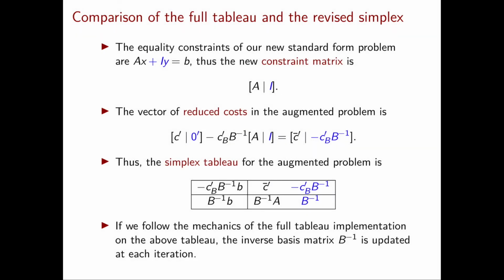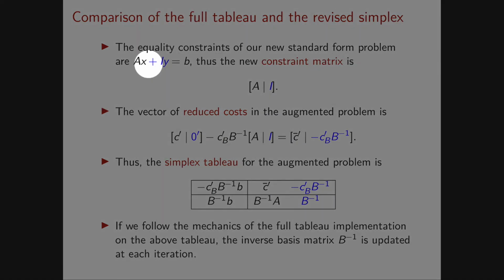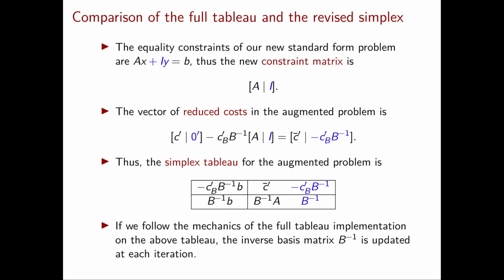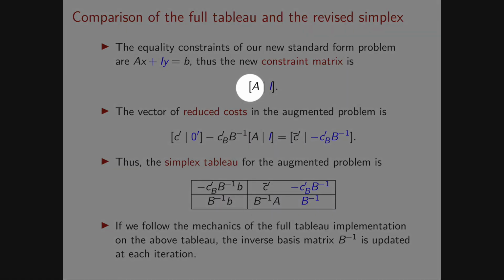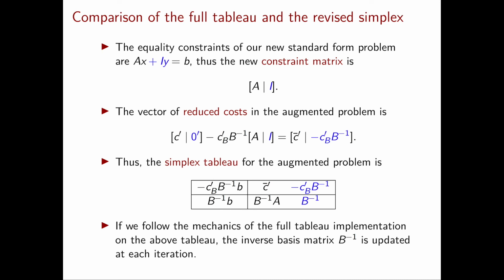The equality constraints of the problem are Ax + Iy = b. So in my constraint matrix, the first n columns will consist of the matrix A, while the remaining m columns will be the identity matrix. Now we can already write down the simplex tableau except for the 0th row.